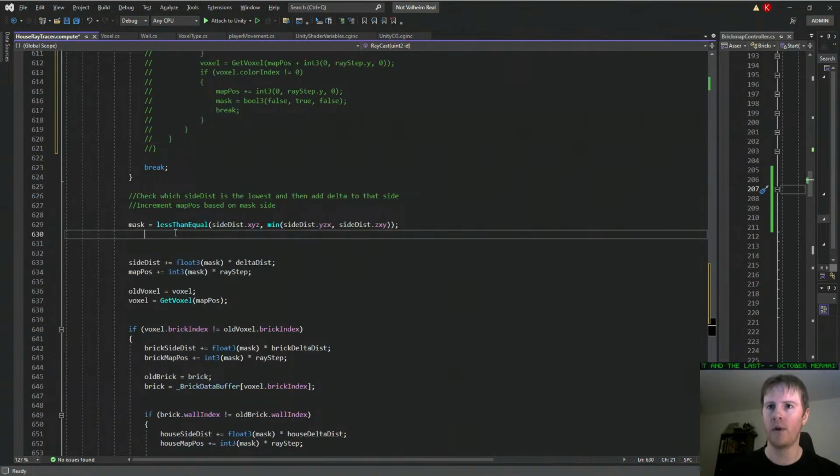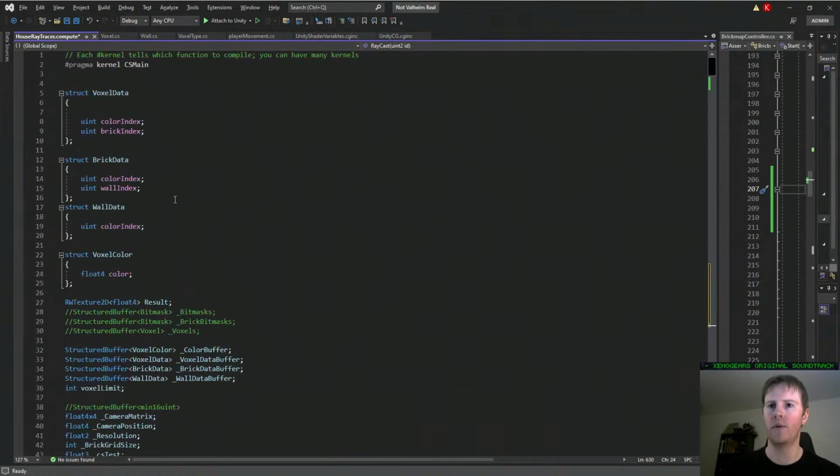And then here we grab a mask, and then we have to say, shit, we actually need it to return a bool3.